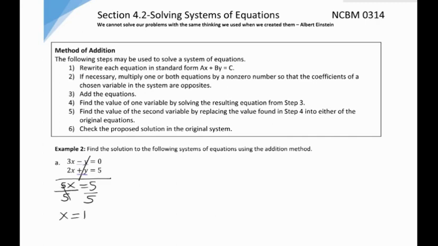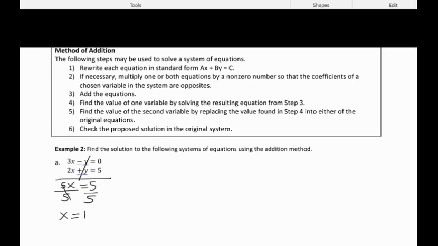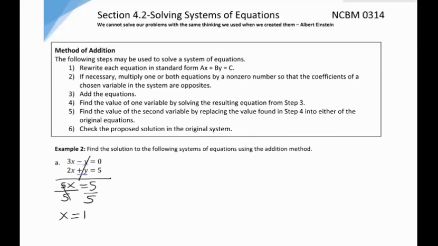X equals 1. Now that we've found the value of x, we can substitute in either of the two equations to find the value of y. So we have 2x plus y equal to 5.